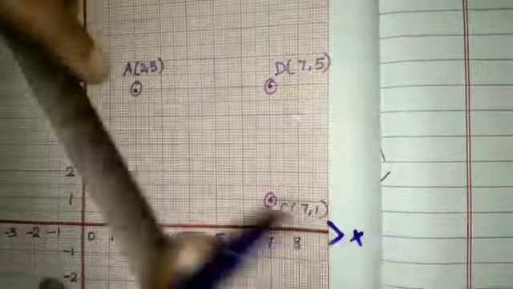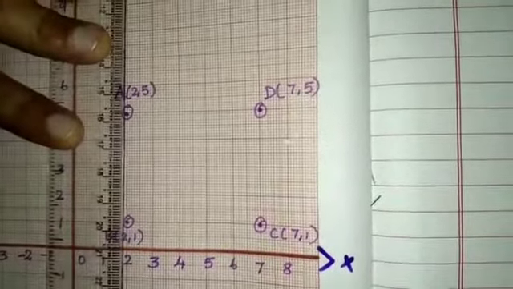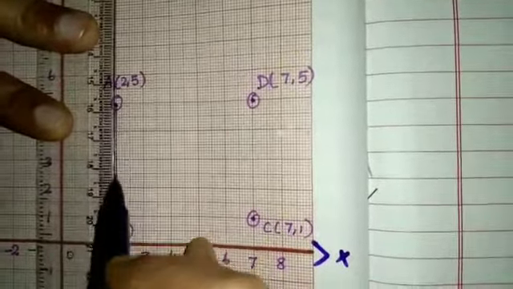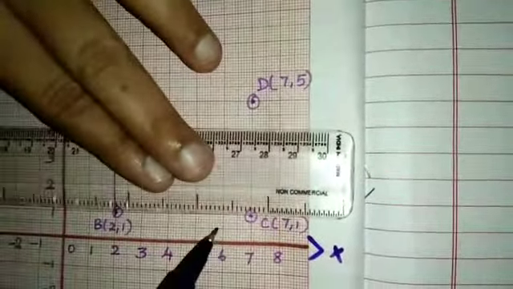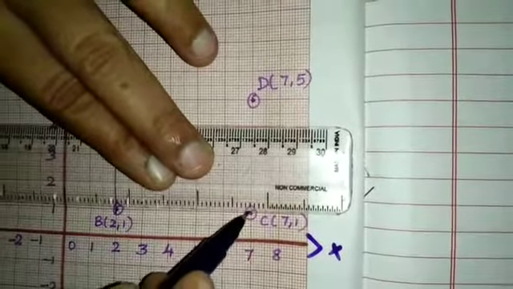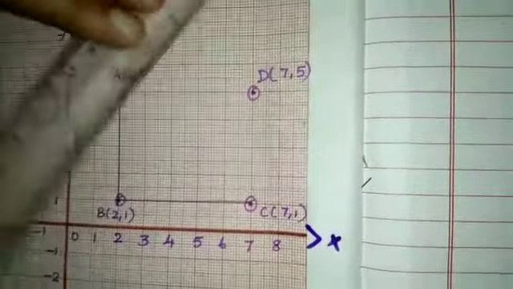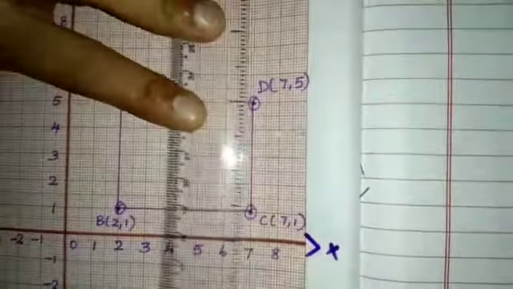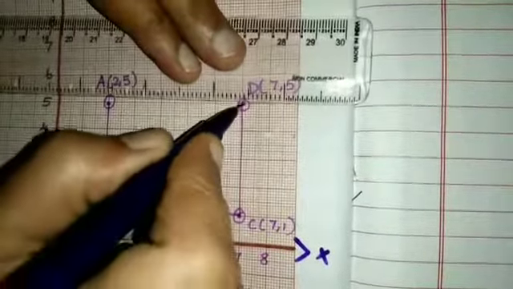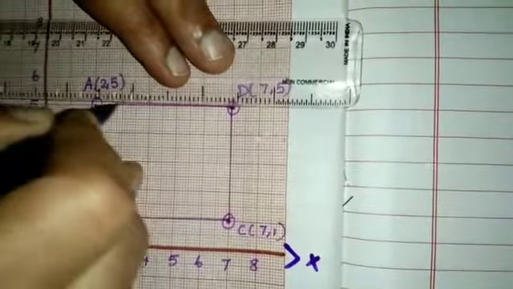Now join the points. First join A, B, next B, C, next C, D, and then D, A.